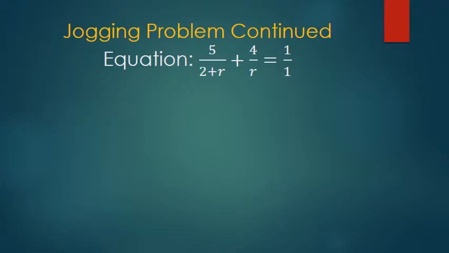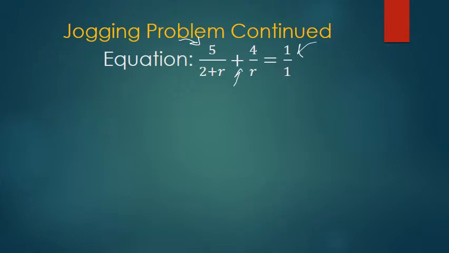So notice I have two rational expressions on the left-hand side, and I only have one on the right, which is what I want ultimately. So I don't need to do anything to the right-hand side, but I do need to combine two rational expressions into one on the left-hand side. I have a plus sign, so that means I need to use the jealous child concept, finding a common denominator. Now be very careful here.